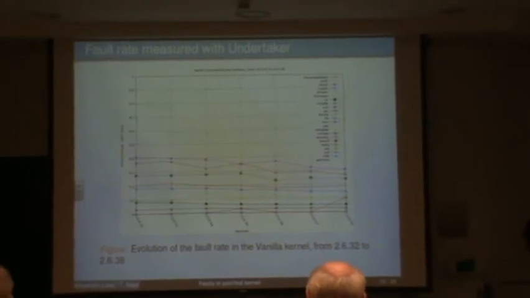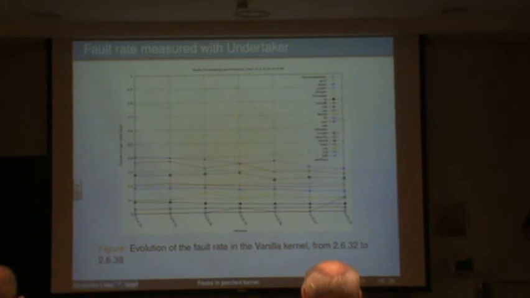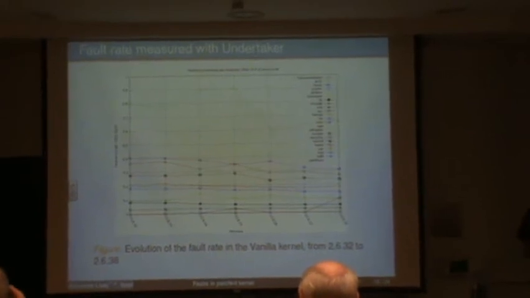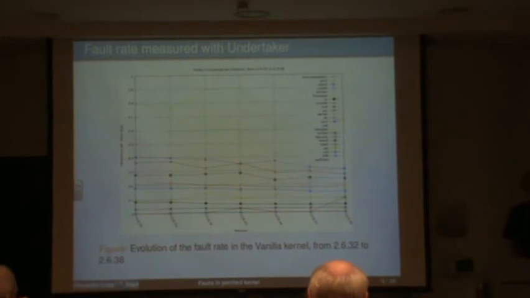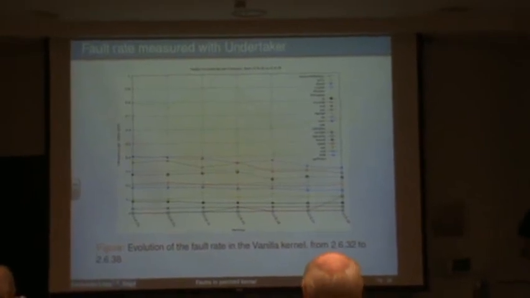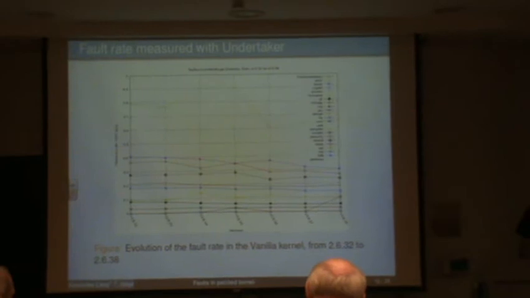So you can see that the frequency is pretty low. In fact, we have less than one fault found by Undertaker per 1,000 lines of code. And we found the same results with Coccinelle.